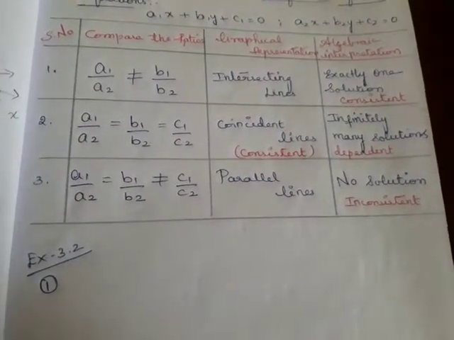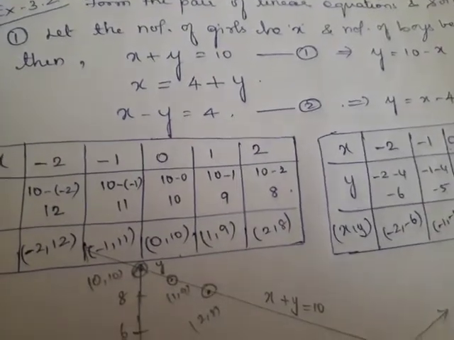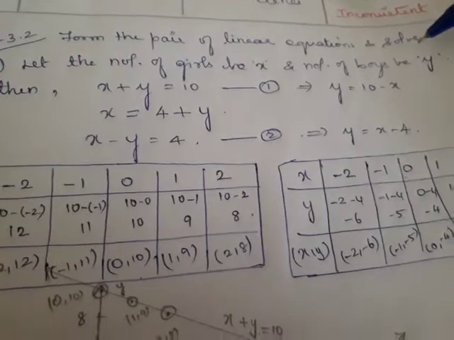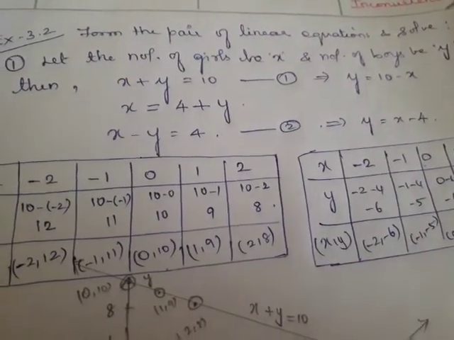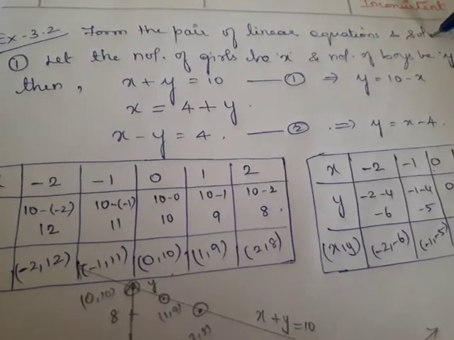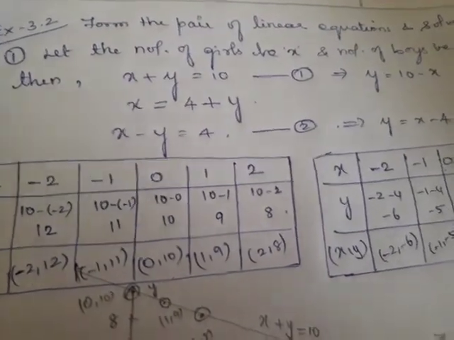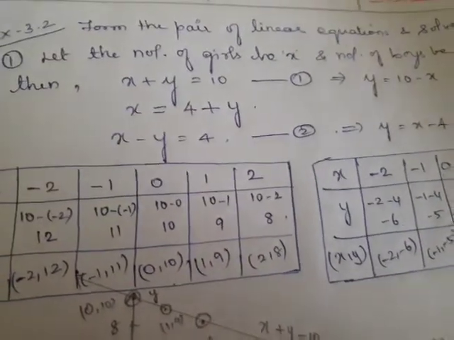Okay. Now let us see how we can solve the problems. The first question is, form the pair of linear equations and solve. So read the question properly and then answer. If they ask you to solve only, you have to solve. If they ask you to form only the linear equation, it is enough if you frame the linear equation and stop the problem.